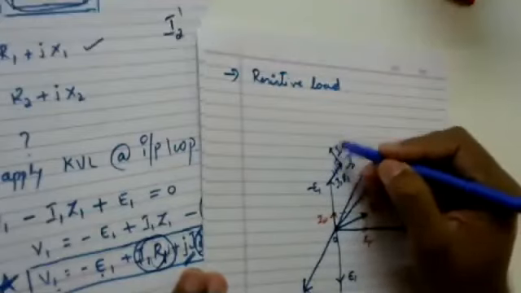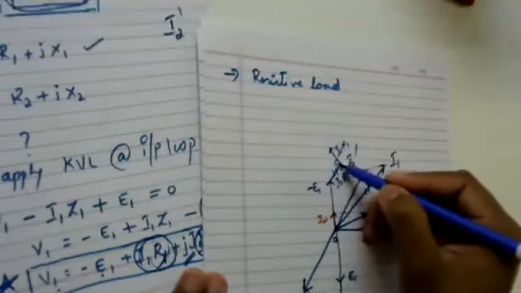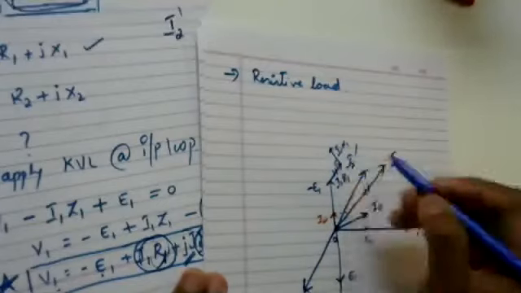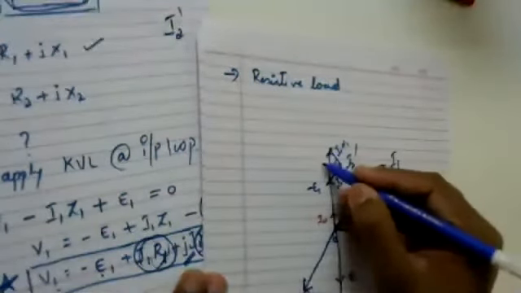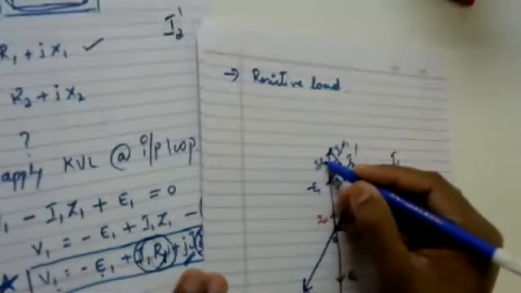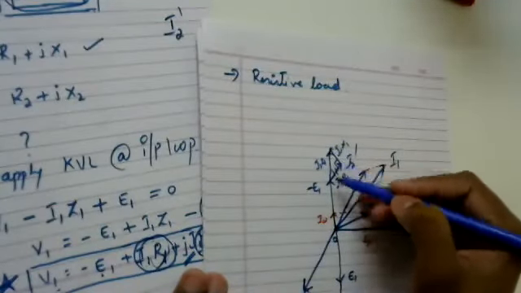This is XL1. So if I take the resultant of this I1 R1 plus I1 JX1, what is this? This is nothing but I1 into Z1, the voltage drop which has been seen across the impedance.